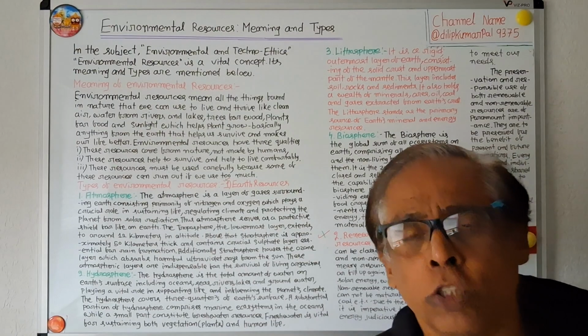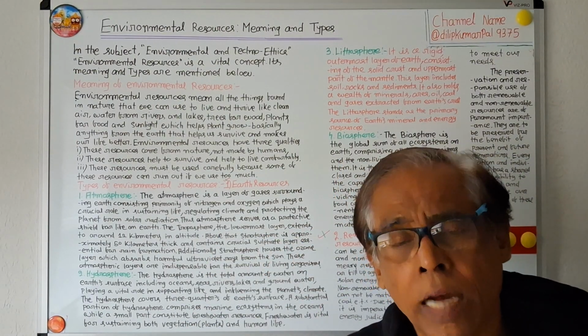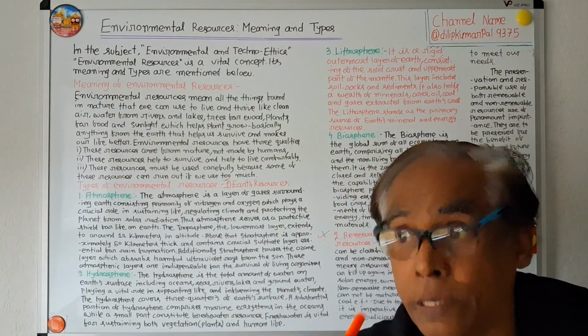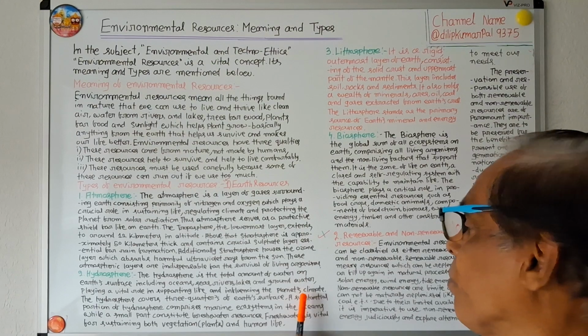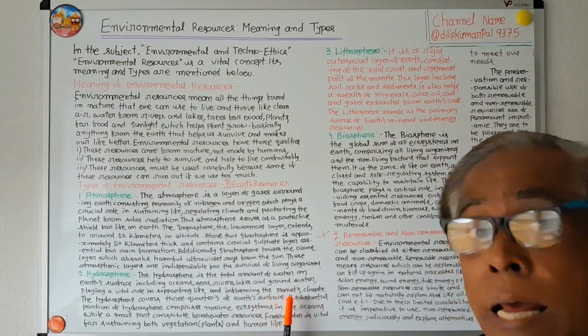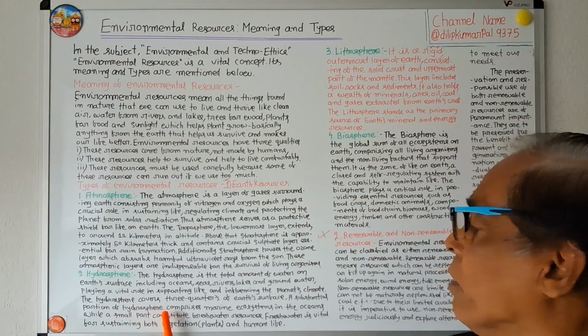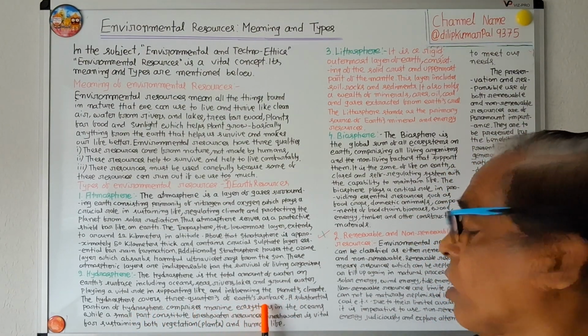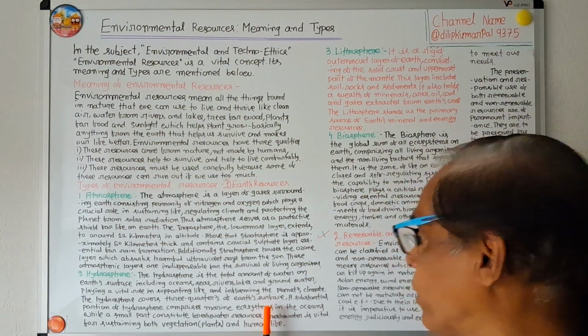This hydrosphere plays a very vital role in supporting the life system and also influences the planet's climate. Hydrosphere covers 3/4 of Earth's surface.